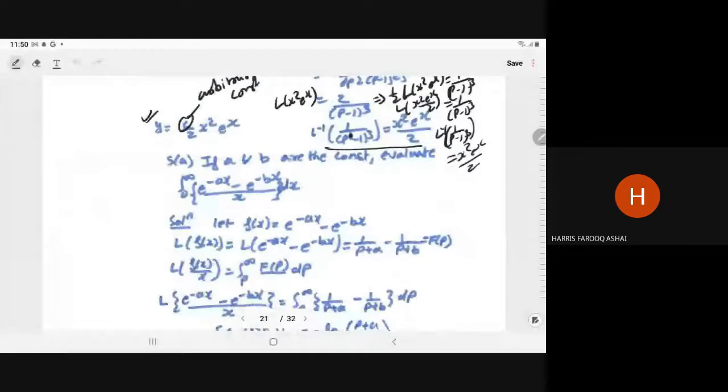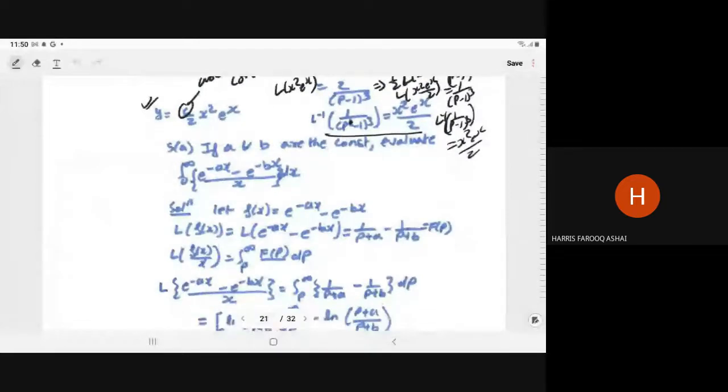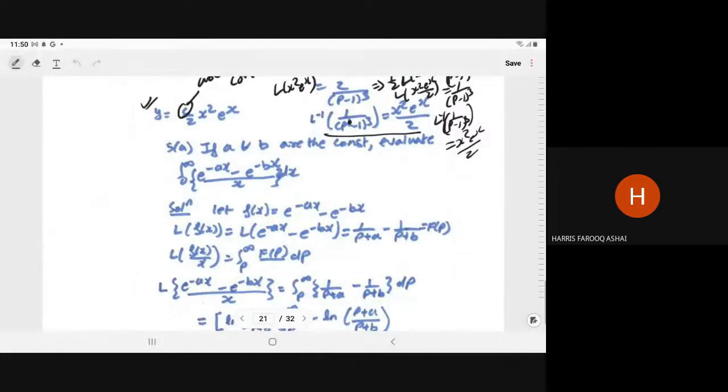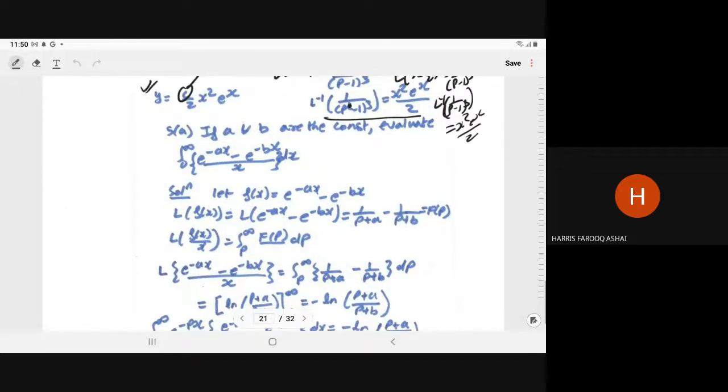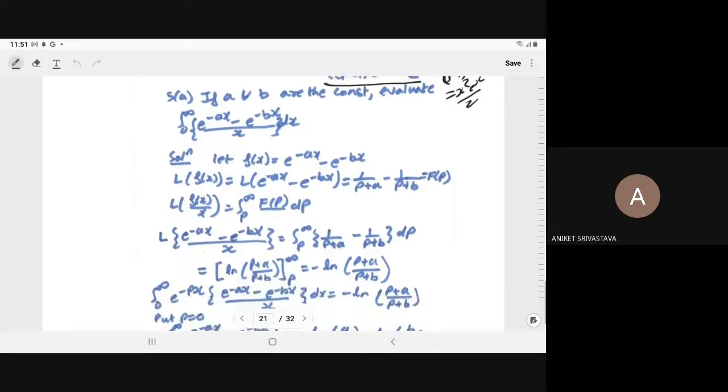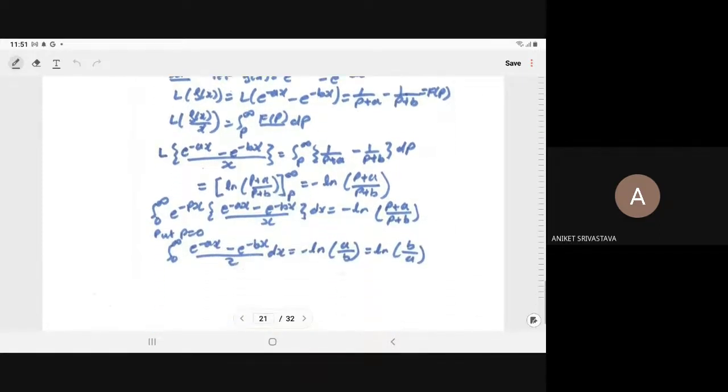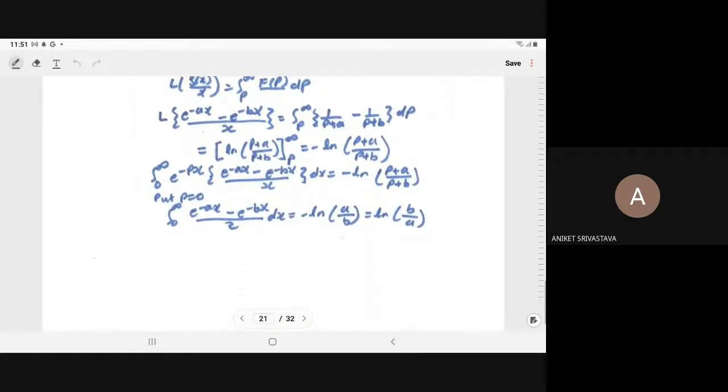So we can solve such hard problems also through the Laplace transform. Now, I think time is over, so in the next class we continue. You can see we can solve even a little hard integral using the Laplace transform, which you cannot solve directly.